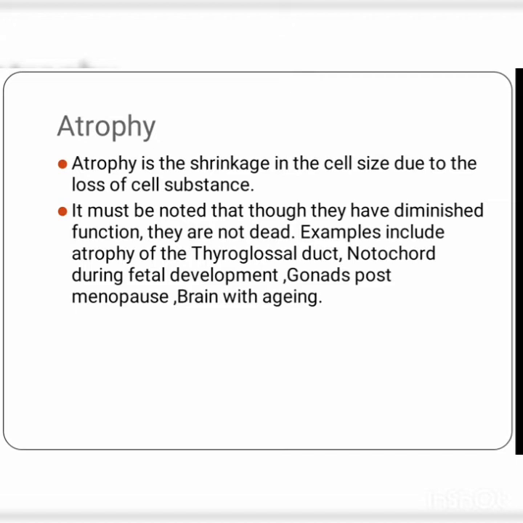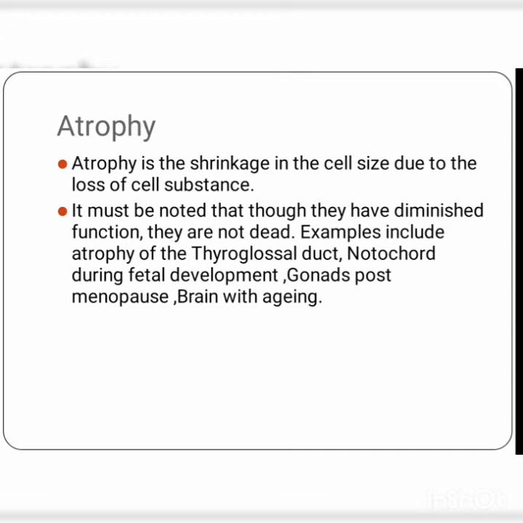Now, the second is pathological atrophy. It occurs in response to pathological stimuli. The examples of pathological atrophy, along with their causes, are as follows. Because of inadequate nutrition, prolonged starvation leads to the depletion of carbohydrate and fat stores, followed by protein catabolism.